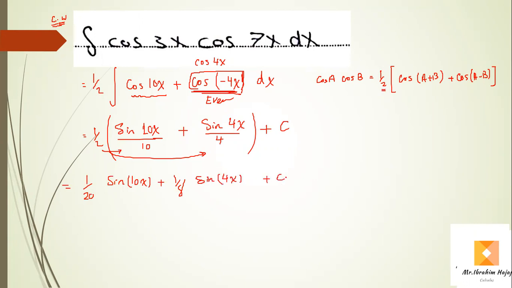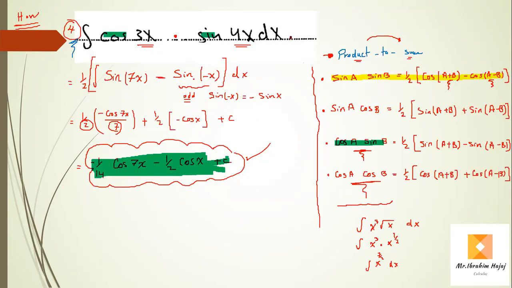Cosine negative 4x, like the one we did, sine negative x. Sine is an odd function, and the even functions are only cosine and sec.